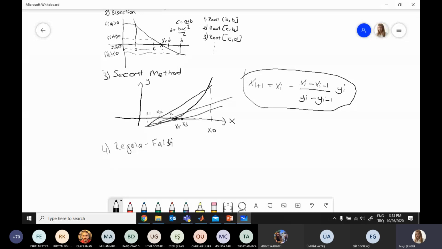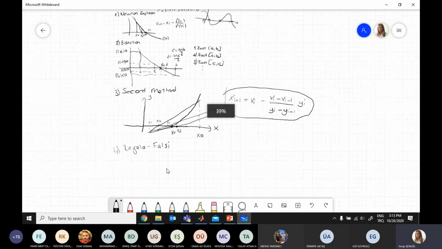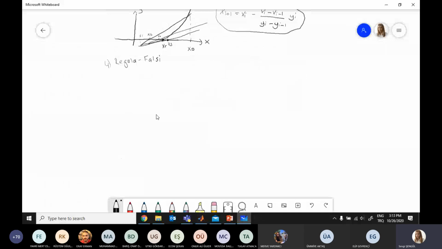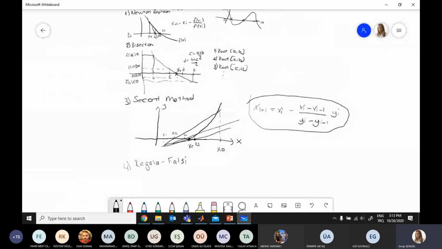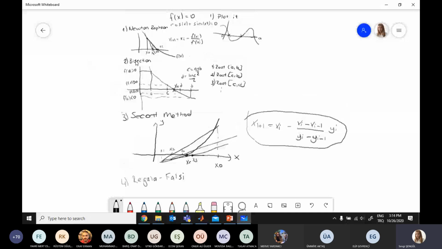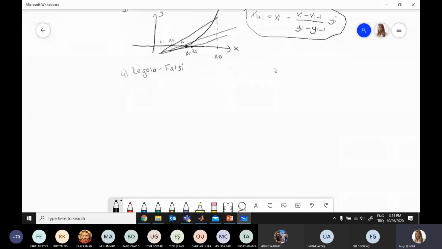And the last one was the regula falsi. The regula falsi method was kind of combining the bisection and secant methods.